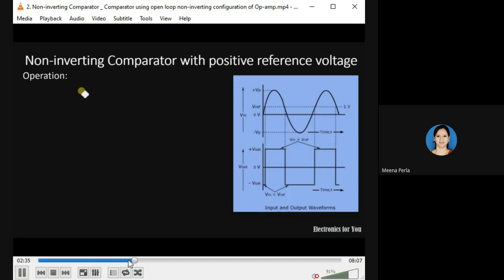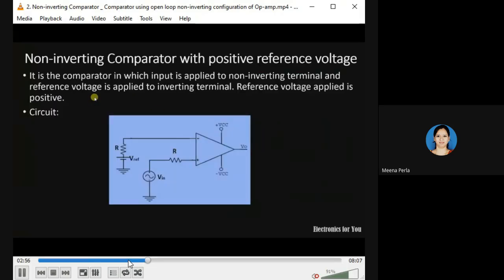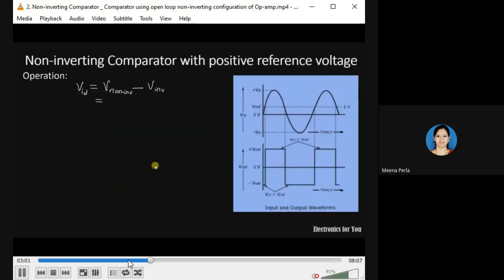Here we note down the formula for the differential voltage: VID is equal to the voltage at the non-inverting terminal minus the voltage at the inverting terminal. As per this diagram, the input is at the non-inverting terminal and the reference voltage is at the inverting terminal, so we can write this as V in minus V reference.